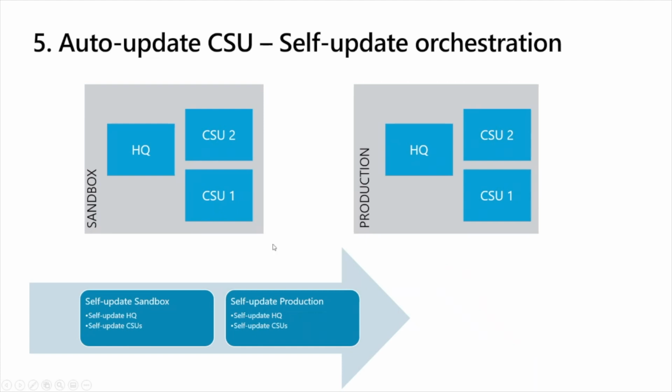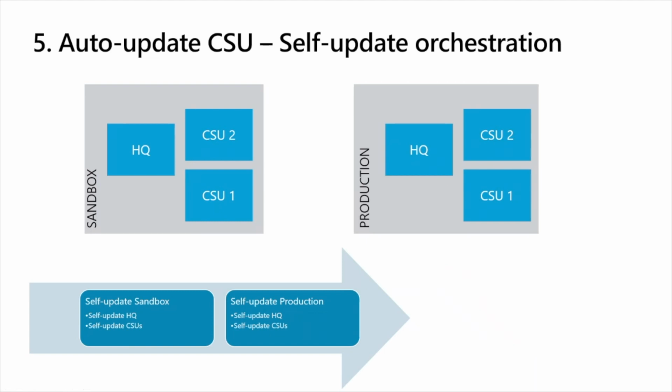And even with self-update in place, our deployment and orchestration system is fairly smart. If it determines that you have already self-updated either the HQ or any of the CSUs, it is going to skip the update for that monthly update. It's not going to cause additional downtime, so you don't have to worry about that.